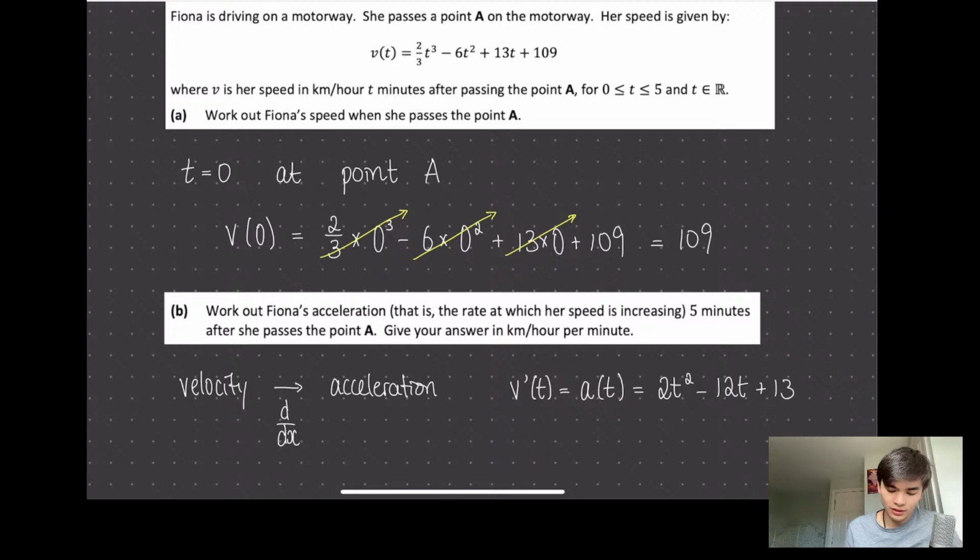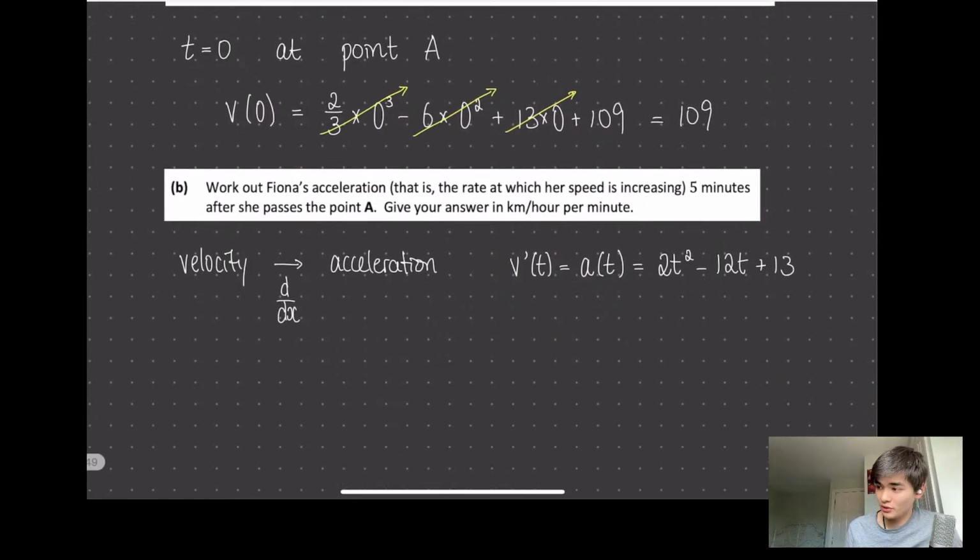Okay, and it's asking for us to find the acceleration 5 minutes after she passes the point. So we know that t equals 0 is at the point. We're obviously looking for t equals 5. So in function notation, I can just write it like this. So that's 2 times 5 squared minus 12 times 5 plus 13.